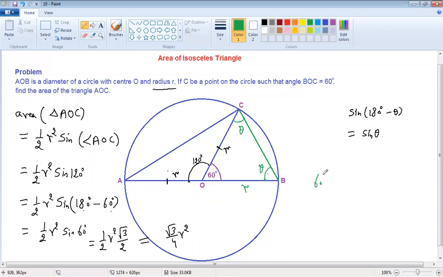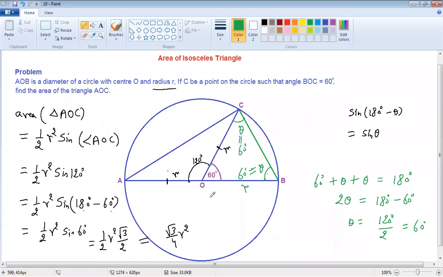So 60 degrees plus 2 theta should be 180 degrees by the angle sum property. Yesterday we discussed problems on this. One last problem was that an isosceles triangle with vertical angle 60 degrees actually happens to be an equilateral triangle, because this gives 2 theta equal to 180 degrees minus 60 degrees. So theta is equal to 120 degrees divided by 2. That means 60 degrees. So these angles are also equal to 60 degrees.